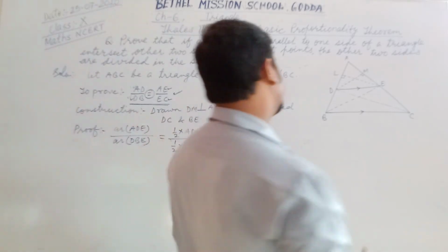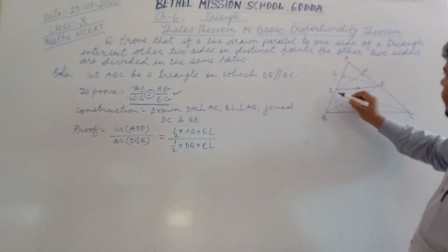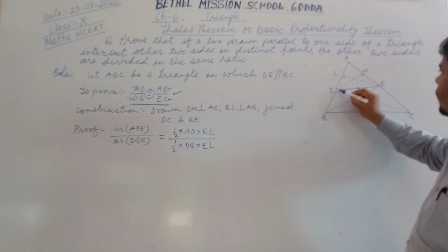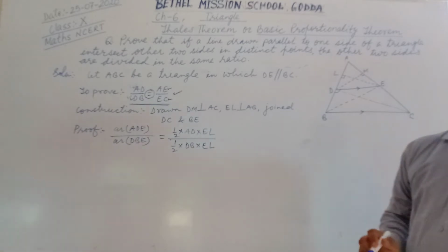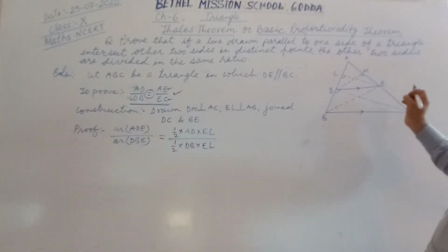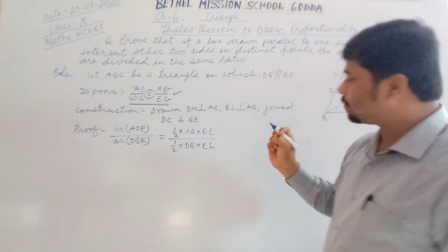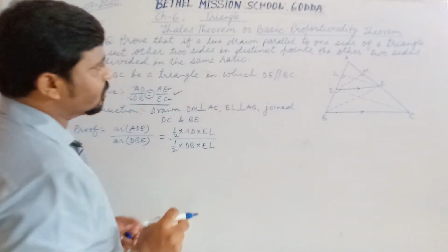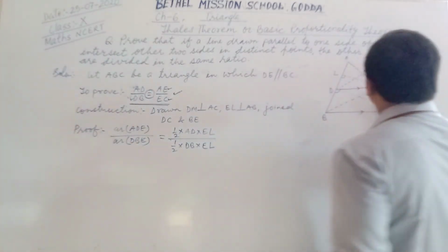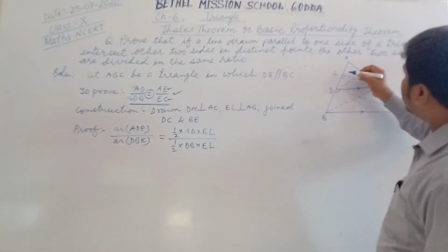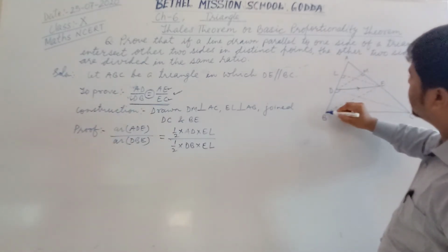Why EL for DBE also? Because DBE is an obtuse triangle, and in an obtuse triangle, when we draw the perpendicular from a vertex of an acute angle, that perpendicular is always drawn outside the triangle.